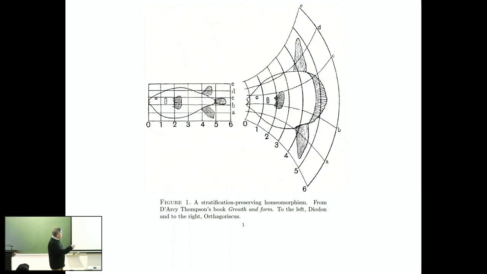This is a suggestive picture by a non-mathematician whose mathematical intuition is very, very profound. So he said, okay, the best map between these fishes is probably this one with this grid, this rectangular grid transformed into this grid. And then I mentioned the name transformation.